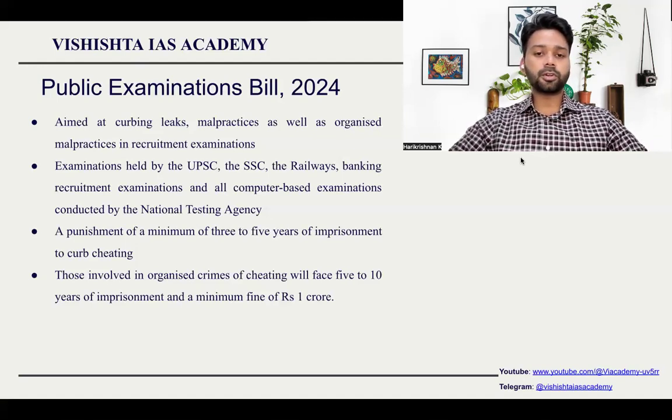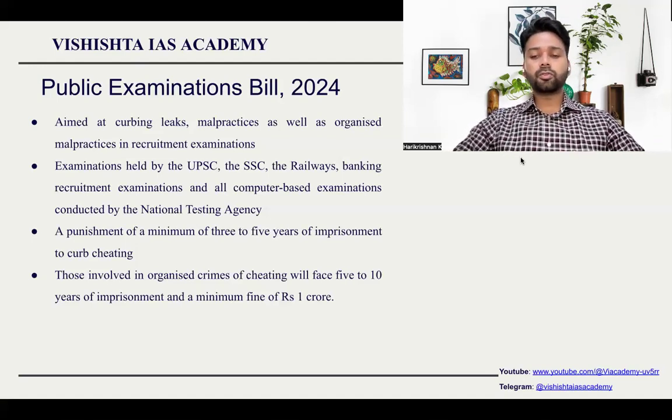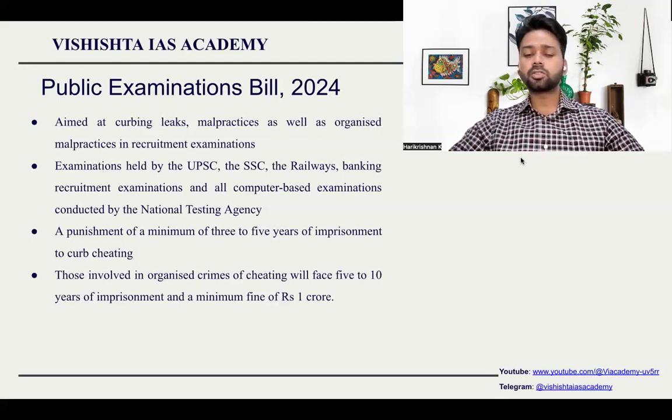What is the punishment given for people who are engaged in organized malpractices? 3 to 5 years of imprisonment, and for those who are involved in organized crime of cheating, they will face 5 to 10 years of imprisonment and a minimum fine of 1 crore. The punishment is not important.